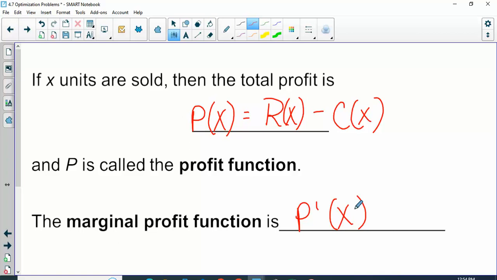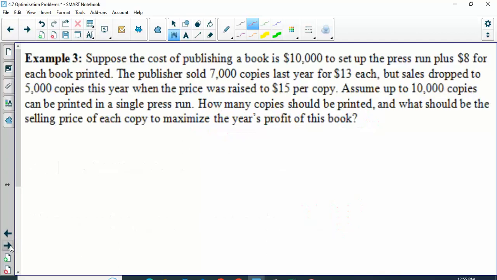Okay, so let's look at this. Suppose the cost of publishing a book is $10,000 to set up the press, plus $8 for each book printed. Could you write a cost function right now, C of x?